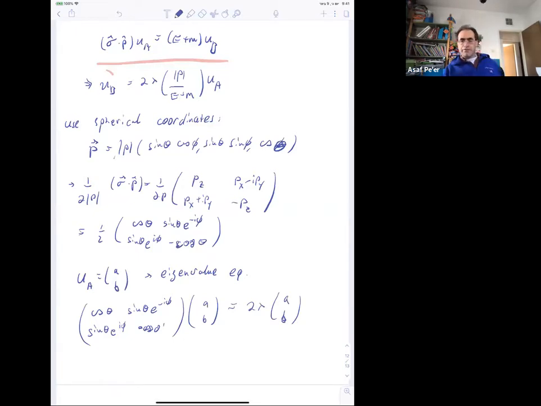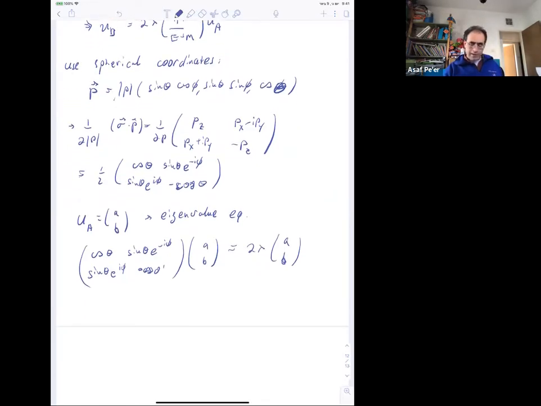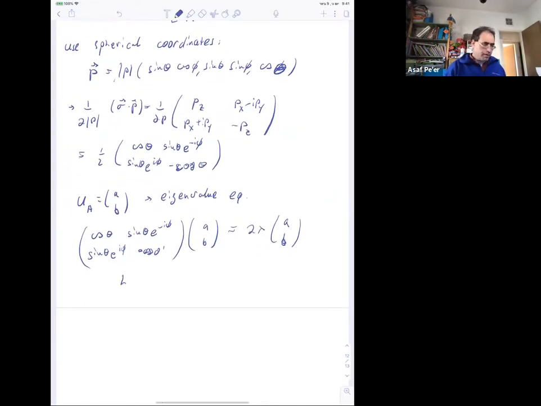Again, we have a set of 2 equations, pretty straightforward. From the upper line, the ratio B over A is (2 lambda minus cosine theta) over sine theta e to the minus i phi. Again, it's no more than algebra, really. For the right-hand helicity state, lambda is equal to plus 1/2.